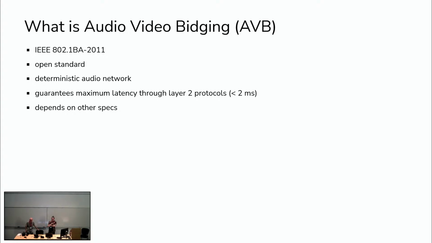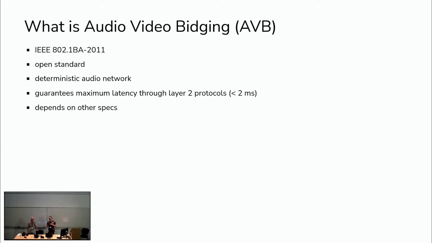I want to talk a little bit about what AVB actually is. There's a base standard, 802.1BA. It's an open standard, so you don't have to pay for some license. The idea is to have a deterministic audio network. I remember when I worked at TU Berlin with Henrik, we had this distributed audio system with Raspberry Pis, and we used JackTrip and OSC.